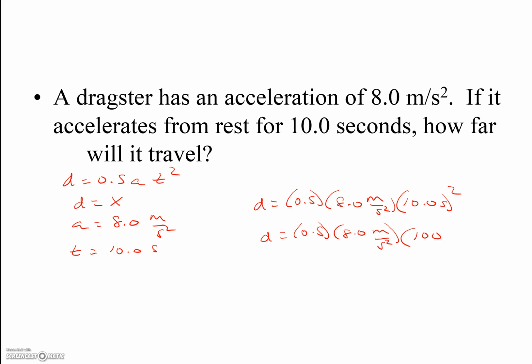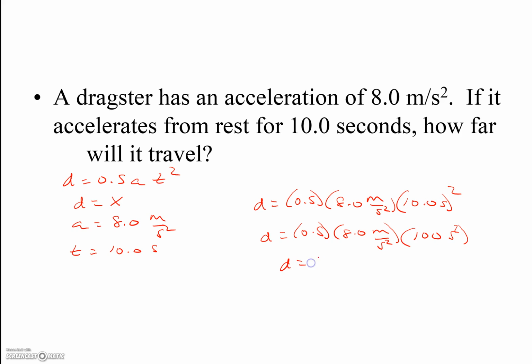But we're not only squaring the number, we're also squaring the unit. So we're going to end up with seconds squared. And when you look at the units, seconds squared are going to cancel out. So our next step, we're going to take our time squared and multiply it by our acceleration.